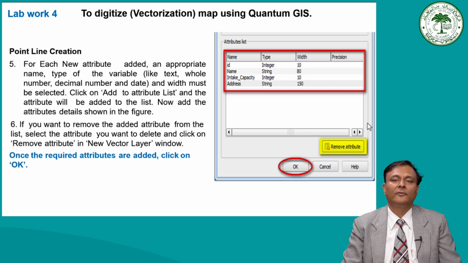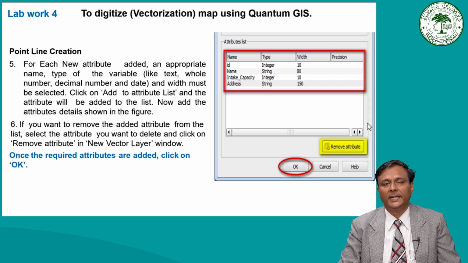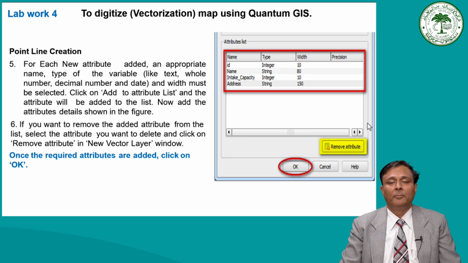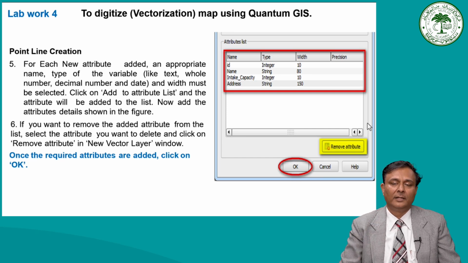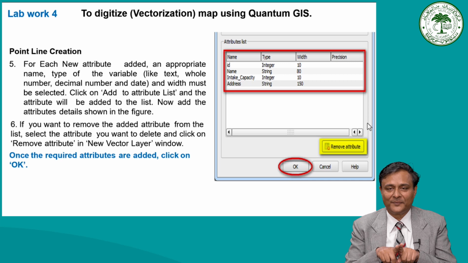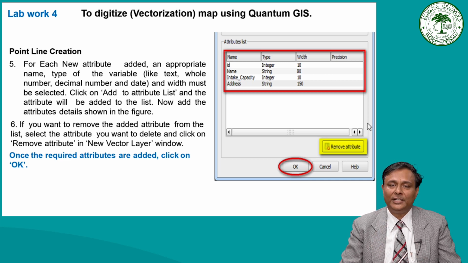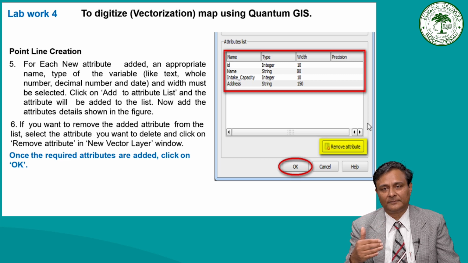Now this is something very important and you should keep in mind: we can add n number of attributes, but each of these attributes needs to be unique. There should not be overlapping. Each attribute needs to be unique, so that it can be recognized by the system.